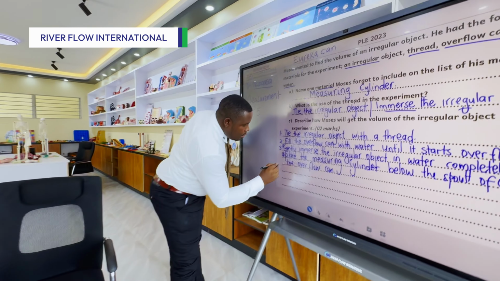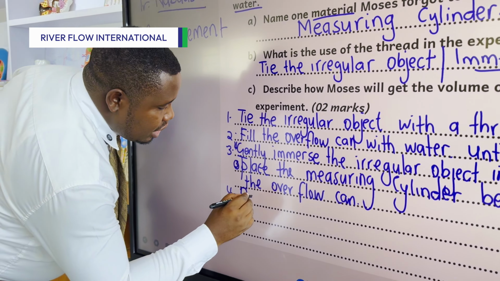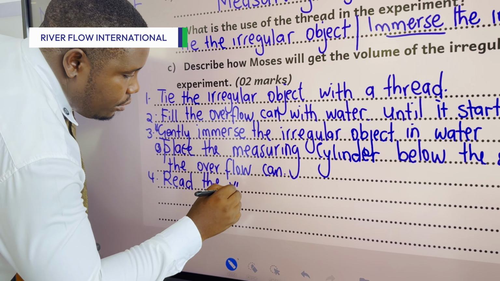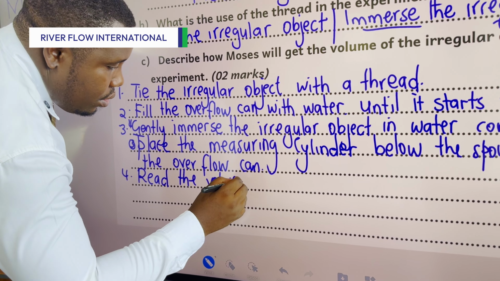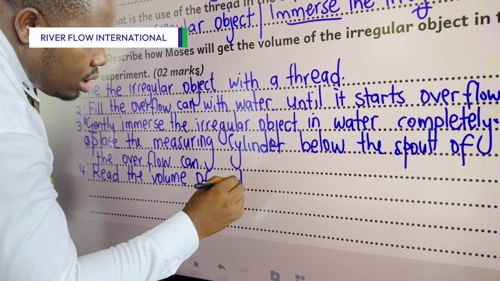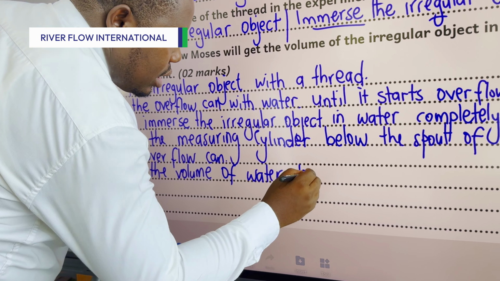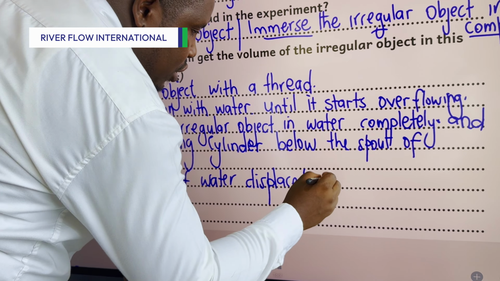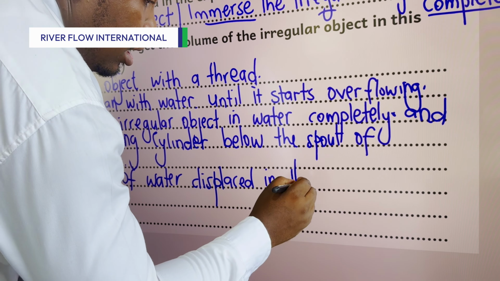Now, number 4, I'm going to say read the volume of water displaced in the measuring cylinder.